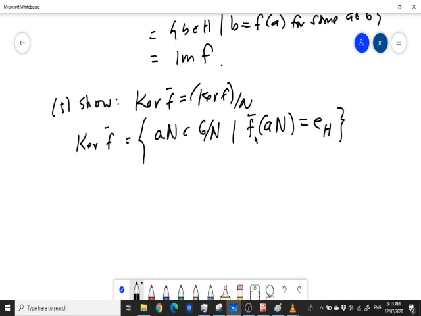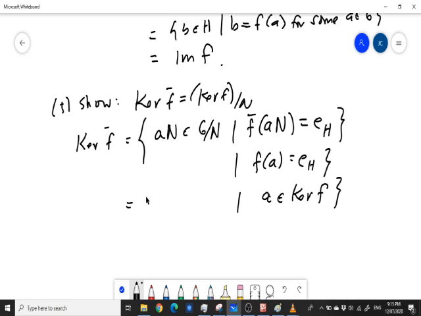What is the image of a n under f bar? It is f of a. Right? f of a equals, by definition, the identity. If f of a equals the identity, then that means that a is in the kernel of f by definition.